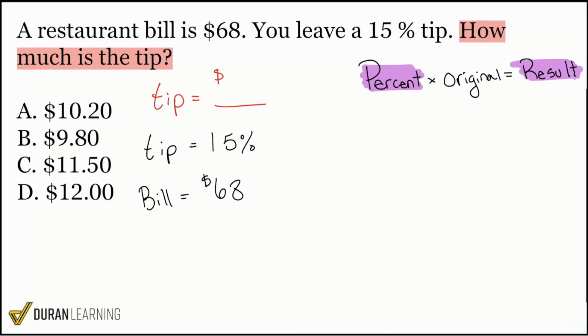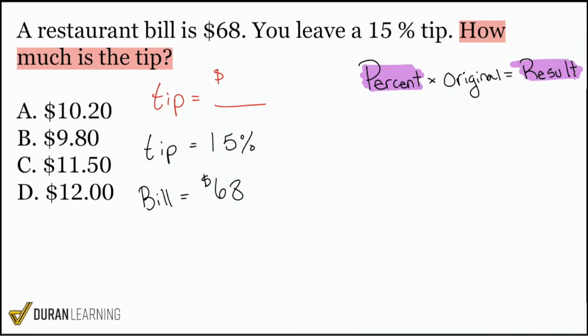If I'm looking at what I want, what am I trying to find at the end of the day? In this specific problem, I want the result. And that result represents what? Yeah, it represents the tip.